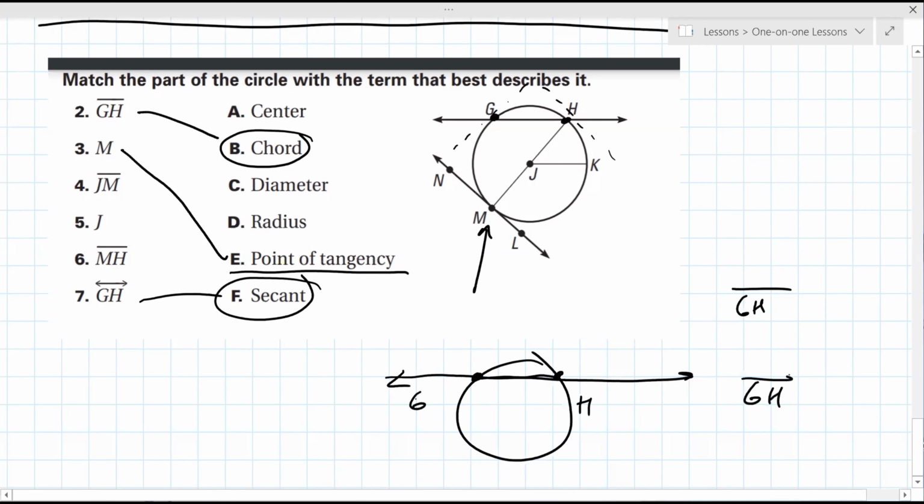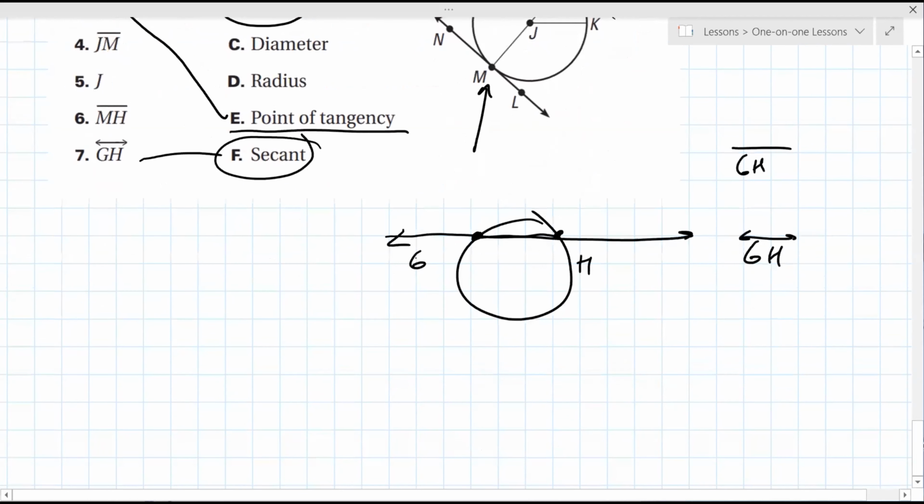What's the difference? Are you asking why it's not a tangent? Here's what I'm really asking. I'm asking what's the difference between this and this right here. Okay, well, GH is only a select part of the line.